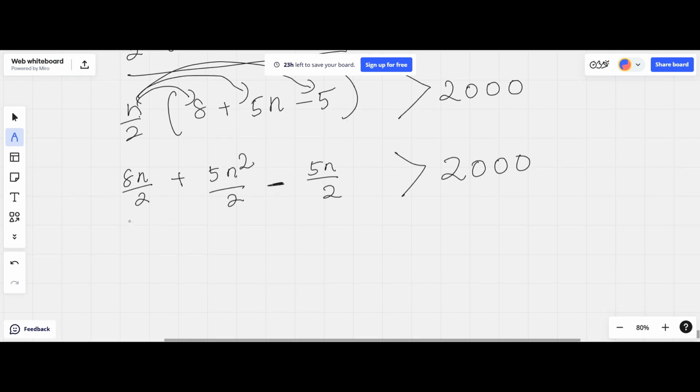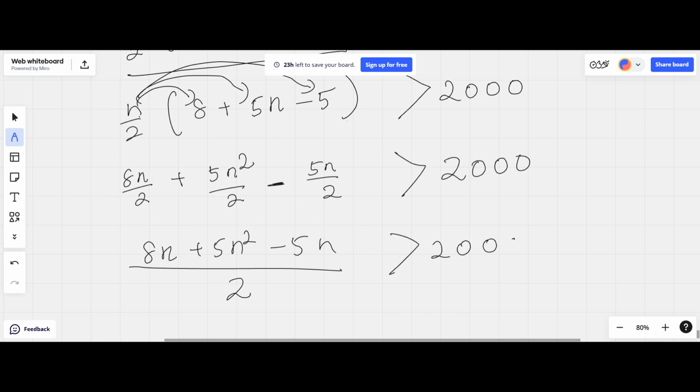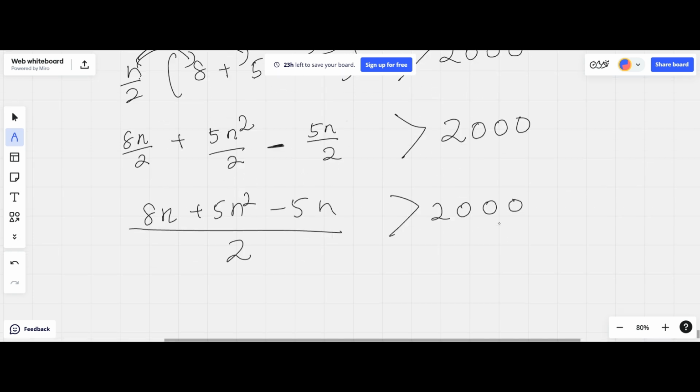Let's take the LCM. Here also 2, here also 2, here also 2. So let's take 2 and write it like this: 8n plus 5n squared minus 5n, this needs to be more than 2000. Now here we are dividing by 2, so we'll take this to the right side.